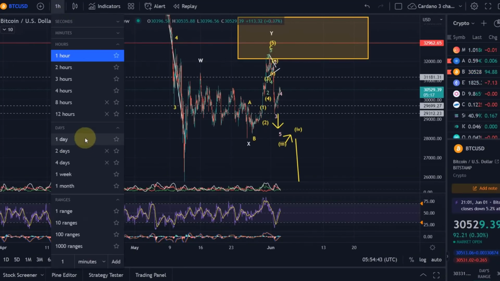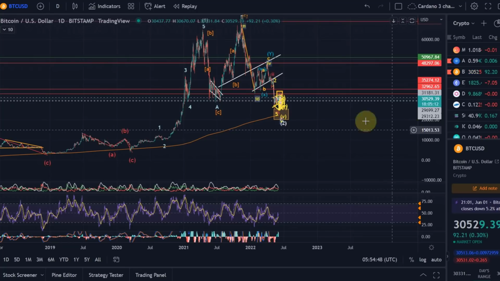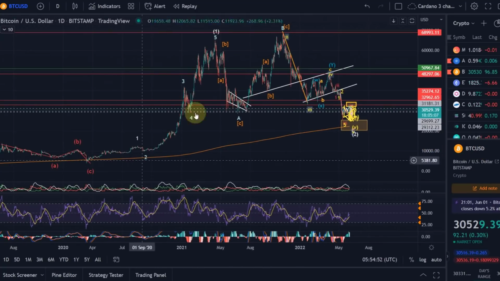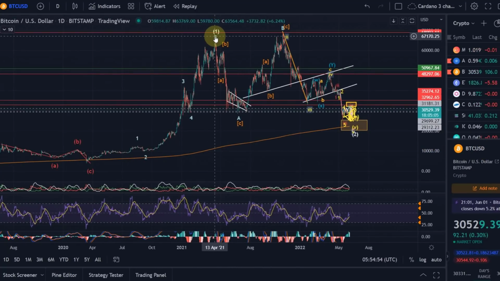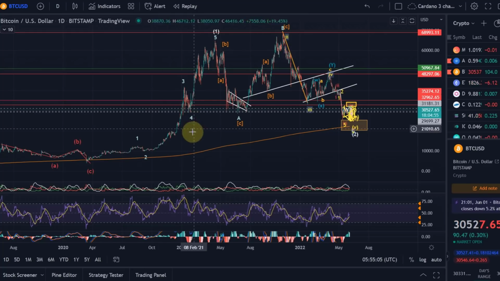So maybe let's start with a higher level view and an outlook. This is the Bitcoin chart. We came up here in April 21, which was the back then all-time high in a wave 1. An impulsive wave means that you have 5 waves, and ideally the wave 4 should not cut into the wave 1. The wave 3 is usually the longest one, but definitely shouldn't be the shortest one.